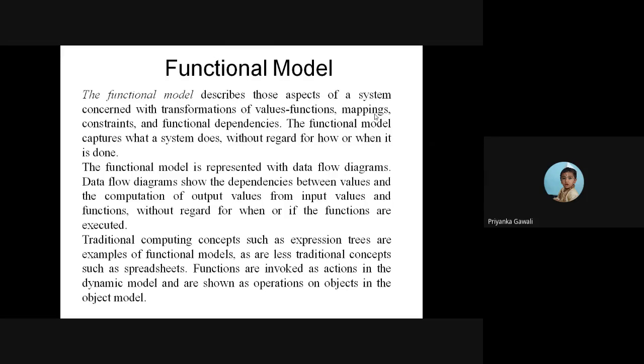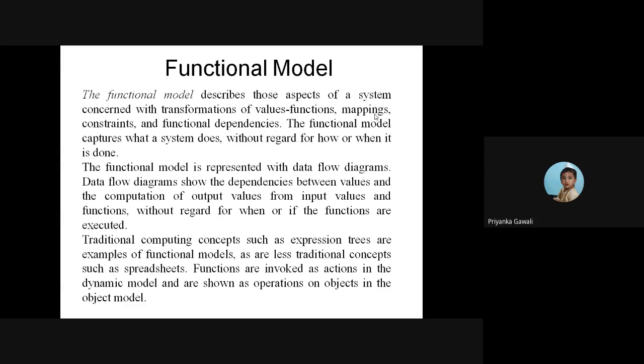The functional model describes those aspects of a system concerned with transformation of values: functions, mappings, constants, and functional dependencies. The functional model captures what a system does without regard for how or when it is done. The functional model is represented with data flow diagrams.